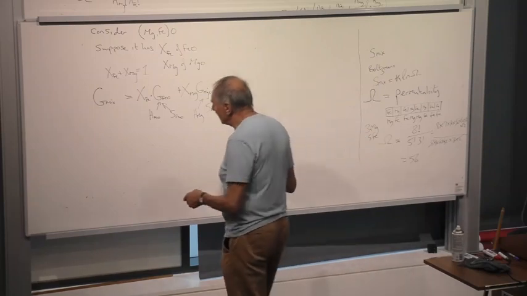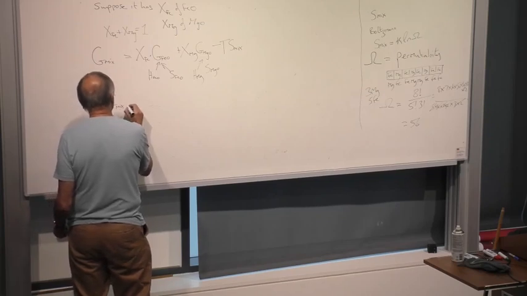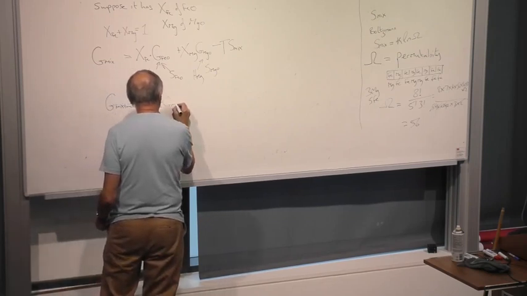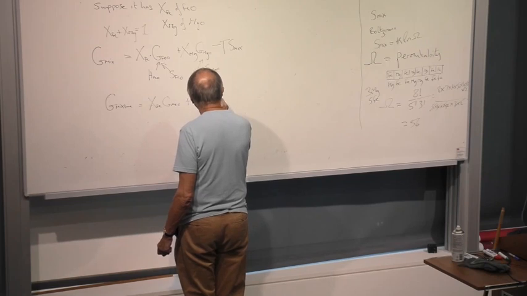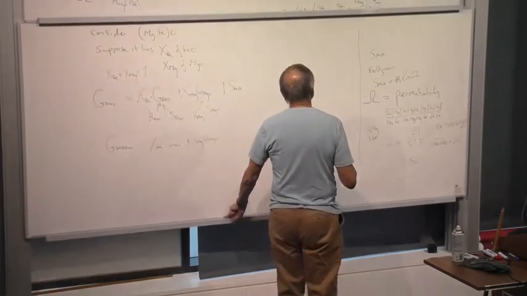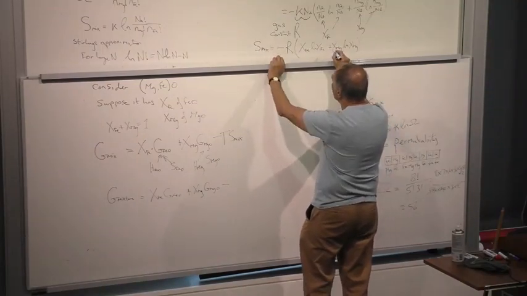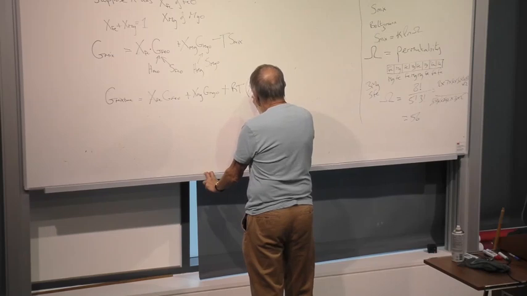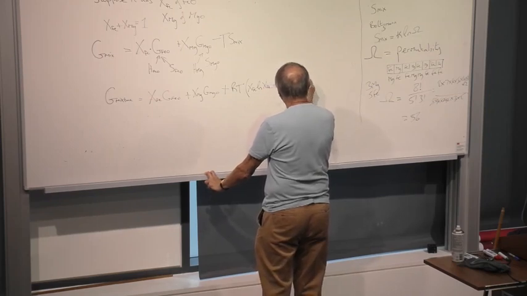So let's write that out a little more fully. Free energy of the mixture is XFe G FeO plus XMg G MgO minus TS mix, so it's negative of that lot times T. So it's plus RT into XFe ln XFe plus XMg ln XMg.